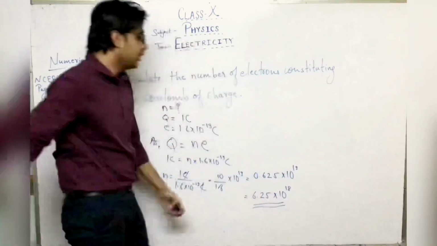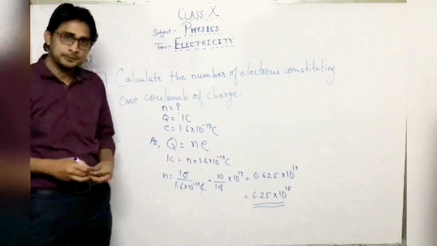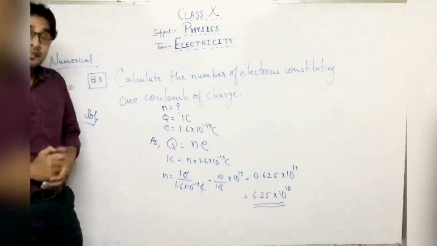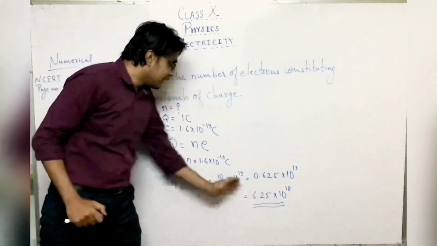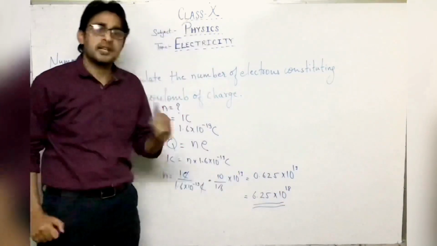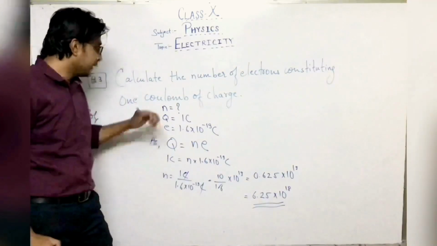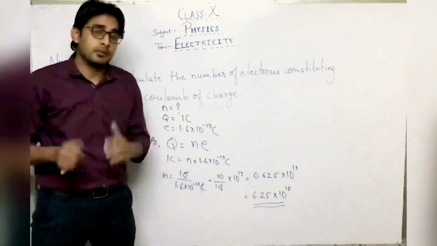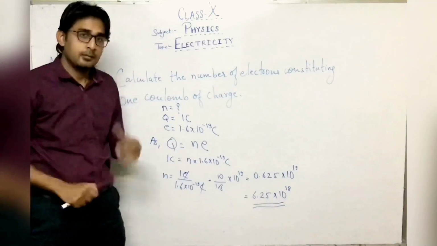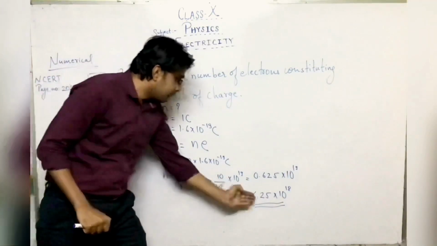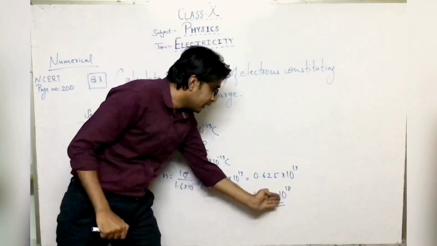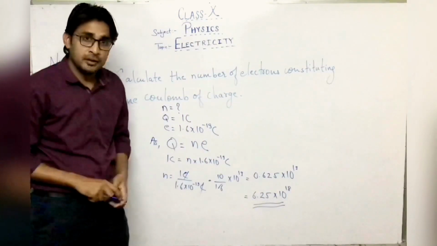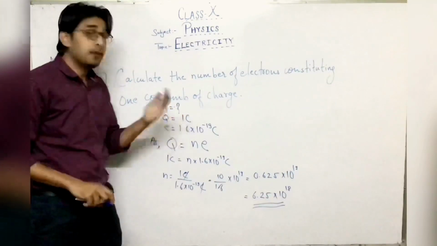There will be no unit. Why? Because this is a number. It means that this many electrons, 6.25 into 10 to the power 18 electrons, have to be transferred to get 1 coulomb of charge.